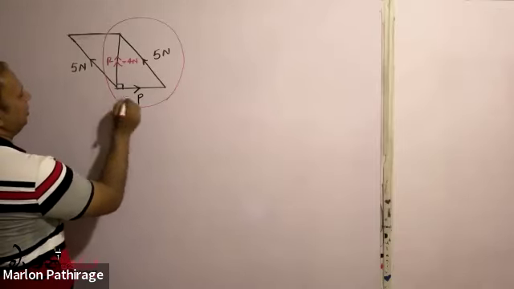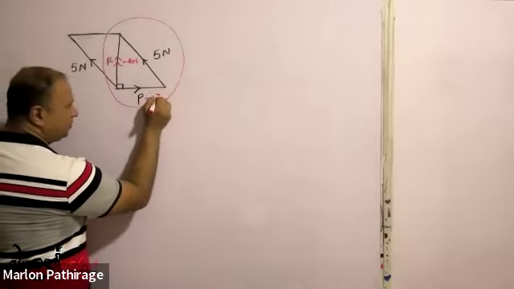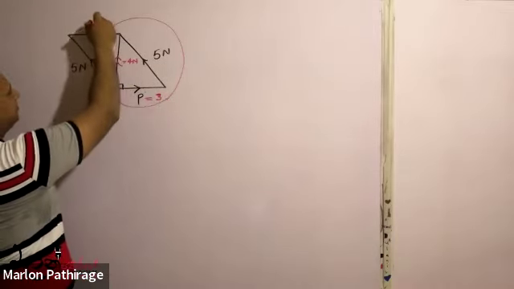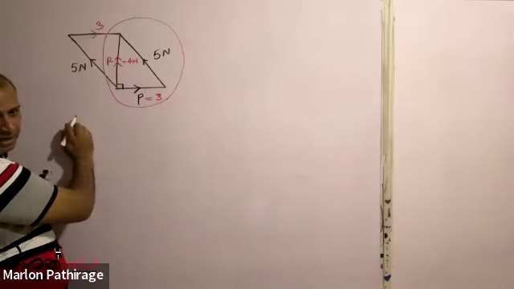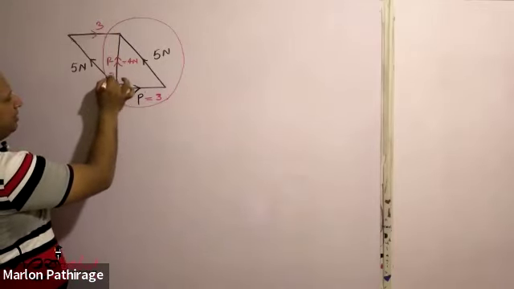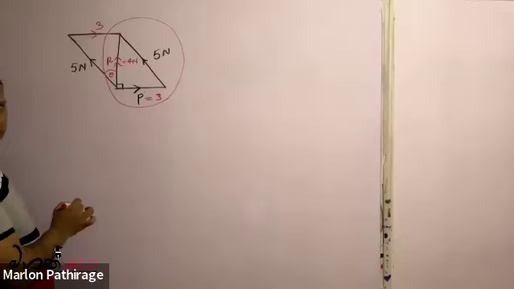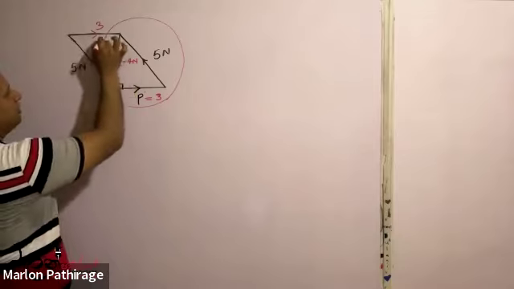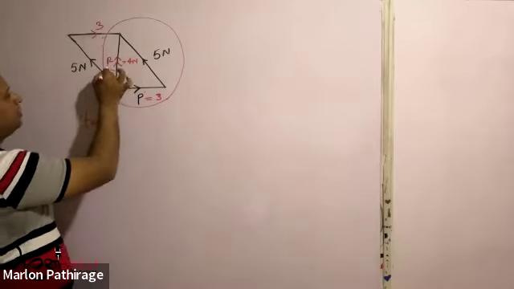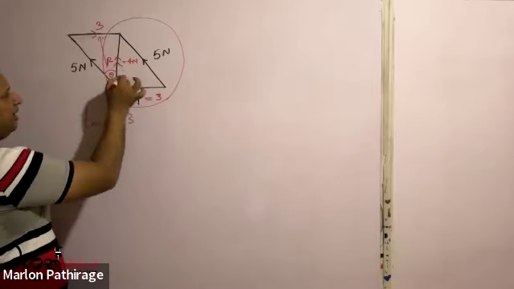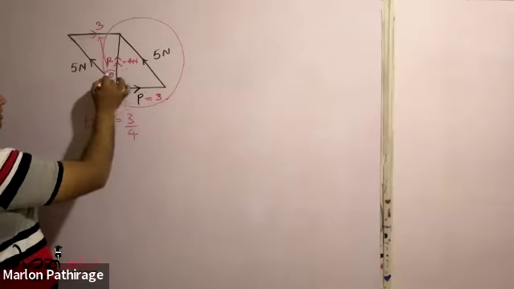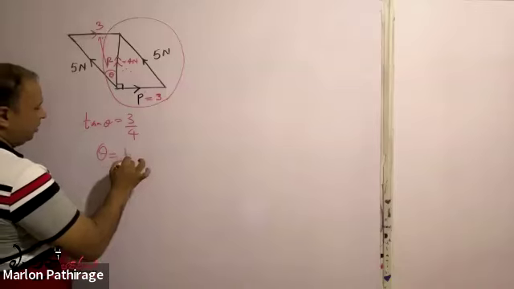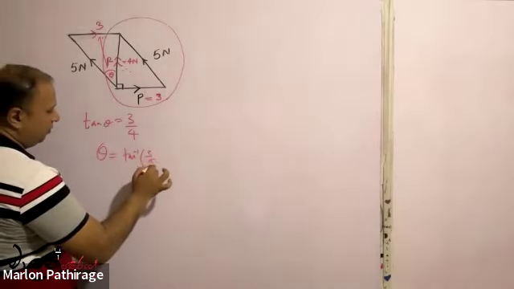So this is 3. If this one is 3, this one also 3. Then you can determine this angle. Tan theta is equal to opposite side over adjacent side. Opposite side is 3, adjacent side is 4. Therefore tan theta is equal to 3 over 4, so theta is equal to tan inverse 3 over 4.